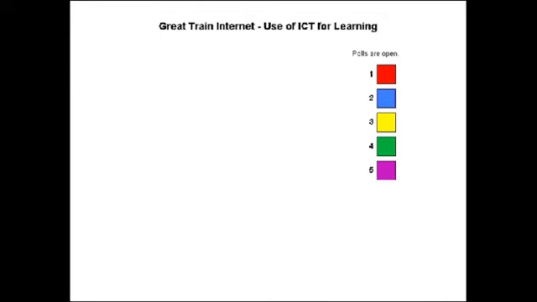Thank you. So let's turn to Jenny, and if you could describe for us what you think Great Train Internet, what the project, the learning activity is. So again, the students were focusing on a particular book, and it was 14-year-old students.